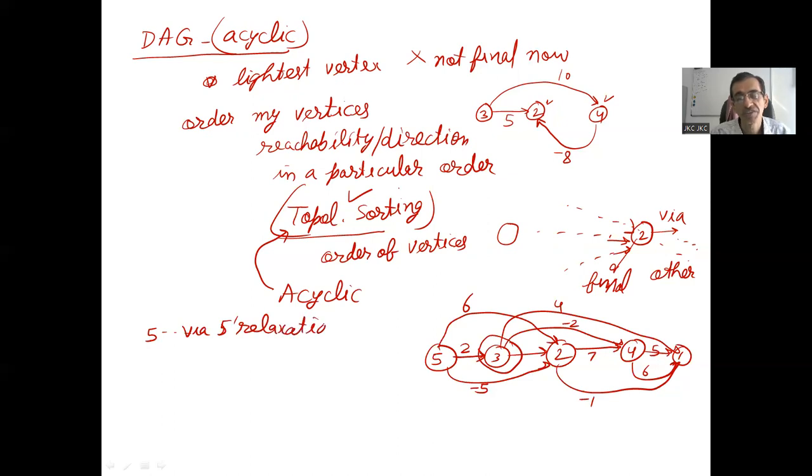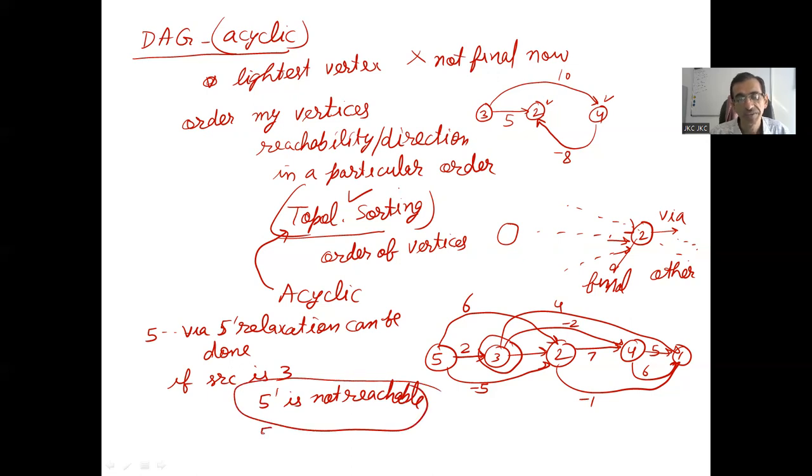Relaxation can be done first, although we will not need that, because if the source is 3, 5 is not reachable at all from 3. We have already seen. So 5 is not reachable, meaning 5's distance will be guaranteed infinity. So via infinity, no relaxation will happen. Hence, 5 has no meaning. So whether I consider 5 or not, absolutely no issue.